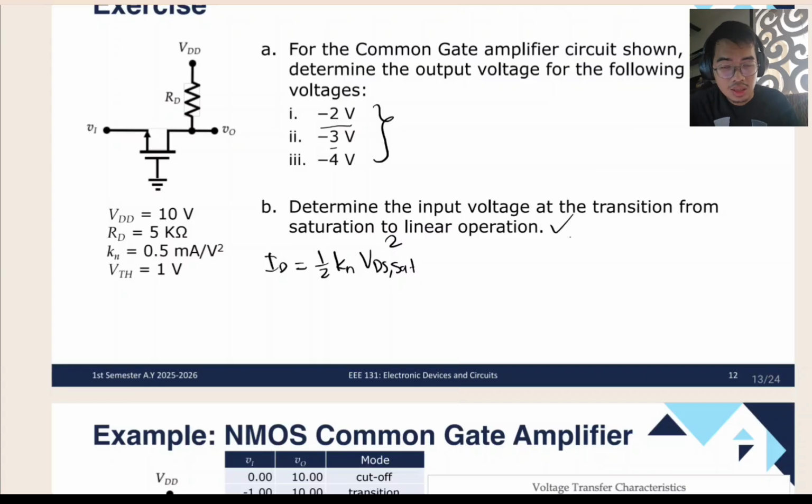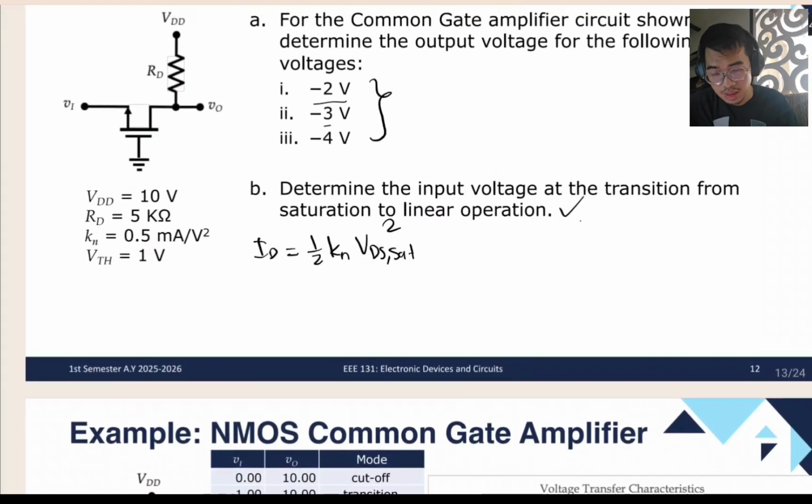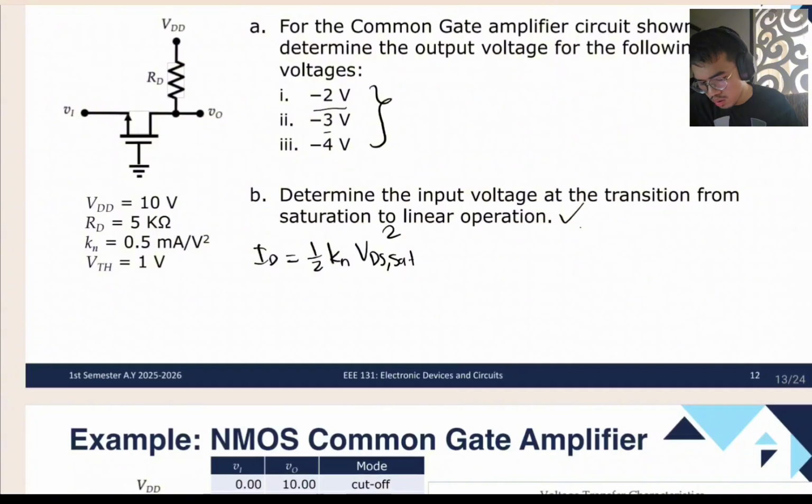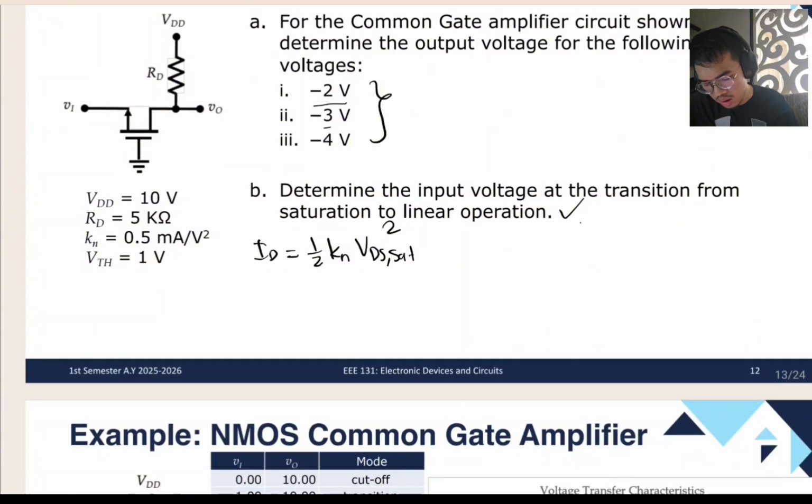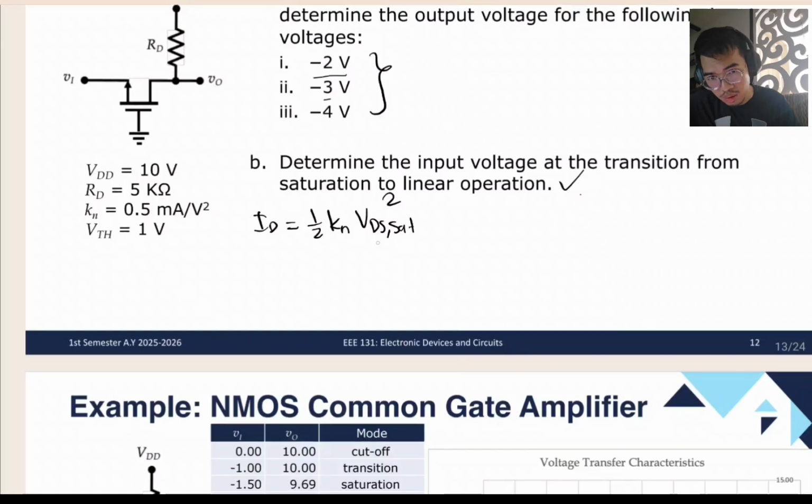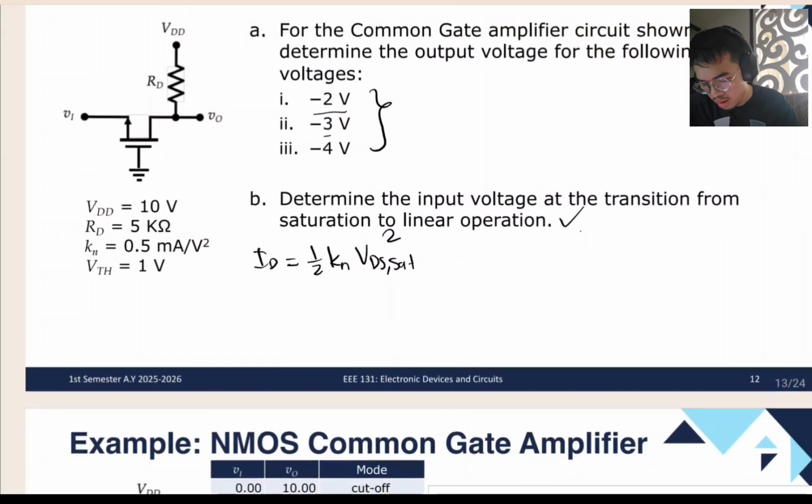That is the first equation. The VDS in this case is actually just VO minus VI. Let's just have that in mind right now.